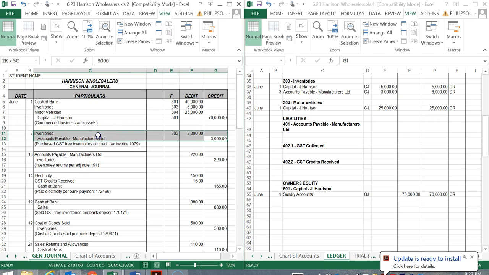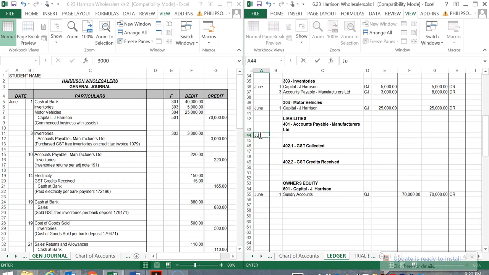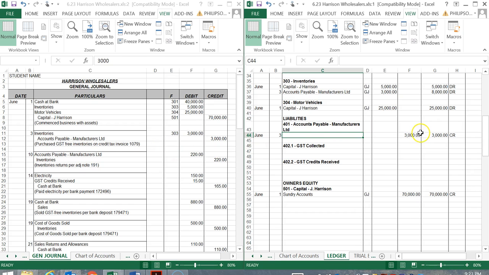Accounts Payable Manufacturers Limited: we owe them $3,000, so we come down here. June the 3rd, $3,000 credit is what our journal tells us, so our balance is $3,000 credit. Our particulars are what's on the debit side, so inventories. Folio that.